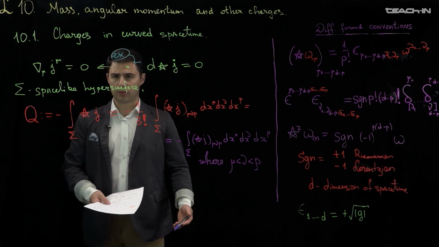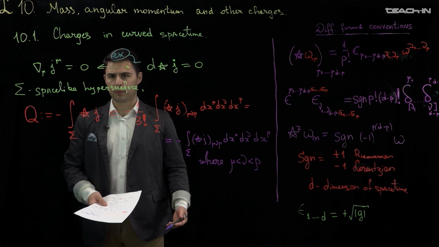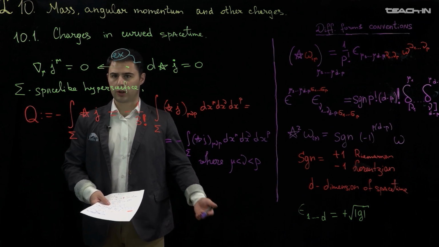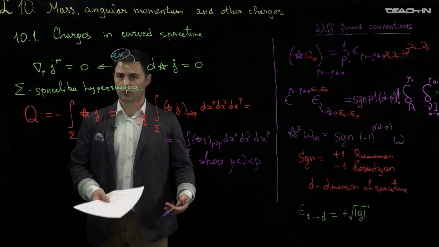So don't worry if this notation is not very familiar to you, because then we will calculate the electric charge for the Reissner-Nordström black hole.